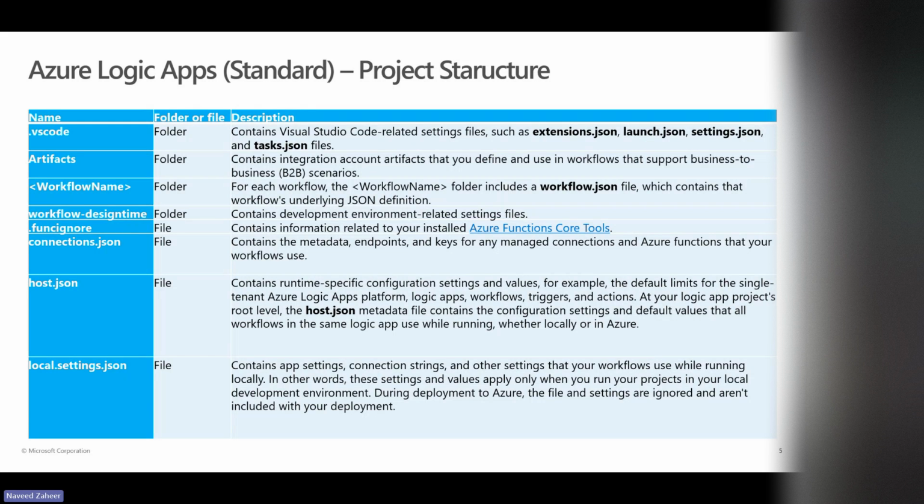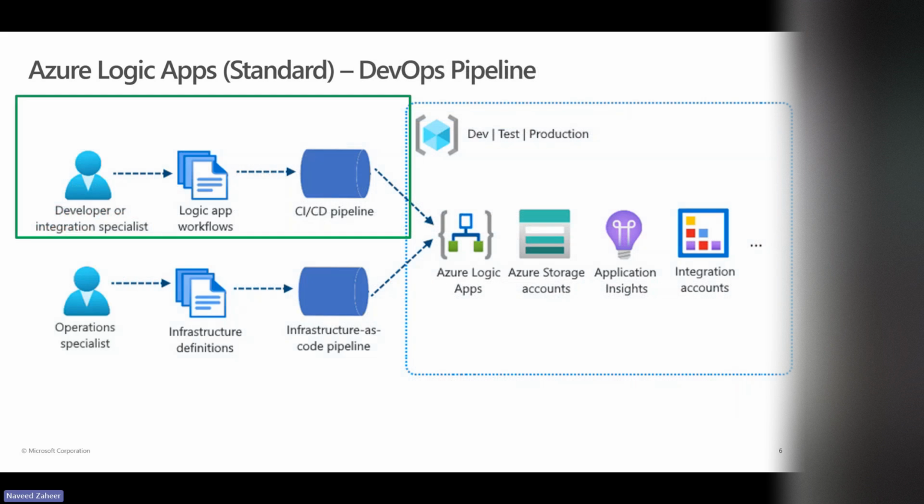Moving forward, this is some detail of what different things do. You have a workflow and you have a workflow design time, which basically shows you how the workflow visually looks. The workflow file itself is just a JSON file. There are two parts to it. One is actually deploying the Logic app infrastructure, which is Logic app, storage account, app insight, integration accounts, and some other stuff.